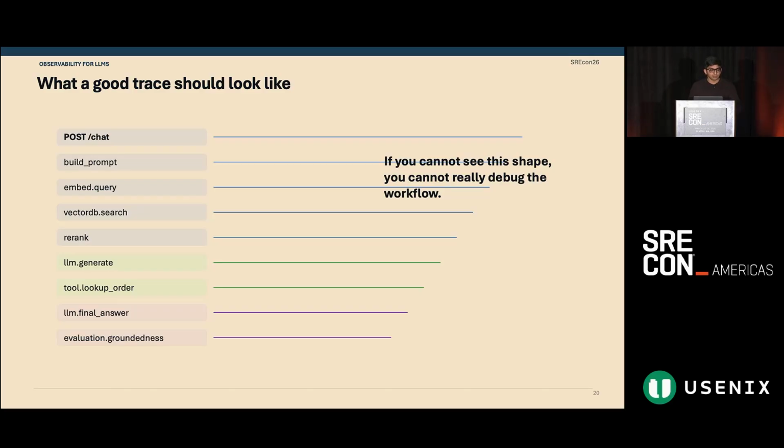And since LLM applications take different paths, it is extremely valuable to monitor traces, because when debugging these systems, traces matter more, since the request can take different paths.